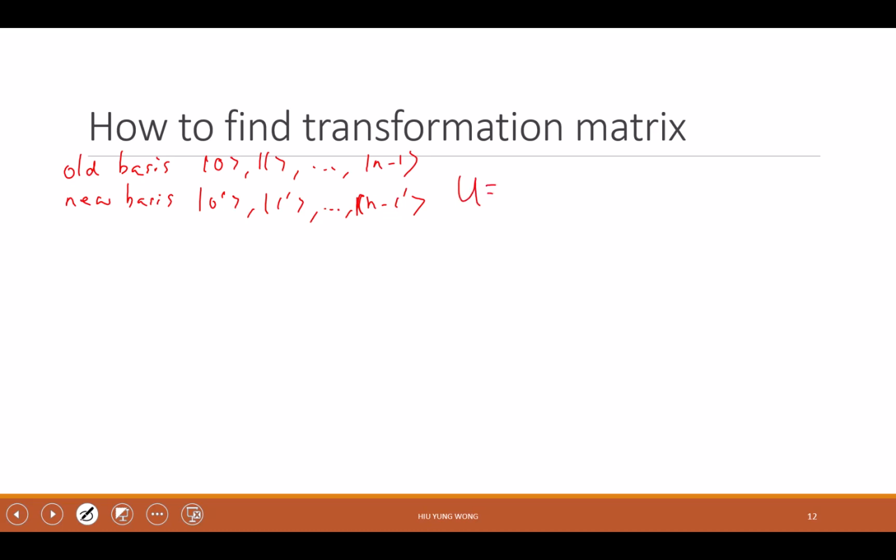U equals, it must be an n by n matrix, right? Because it's a transformation matrix. New basis, inner products with old basis. This is the 0th row, n minus 1 column.